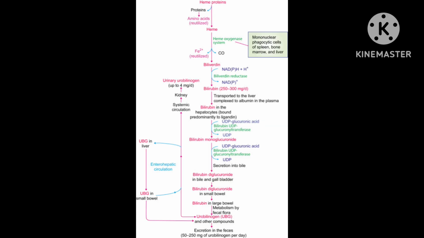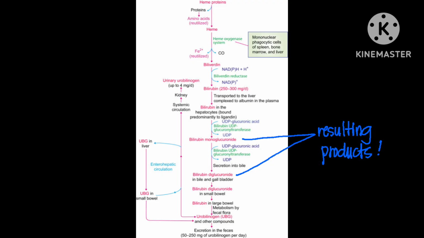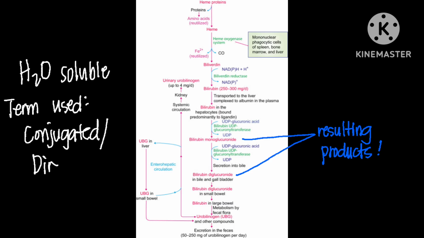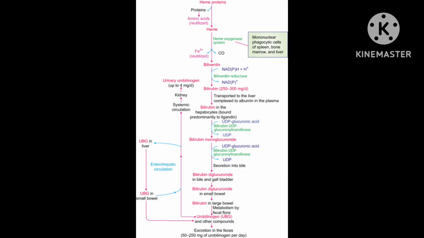The resulting products, that's bilirubin mono- and diglucuronides, are water-soluble and then termed as conjugated or direct bilirubin. This transformation is essential for safe excretion as conjugated bilirubin is no longer lipophilic.